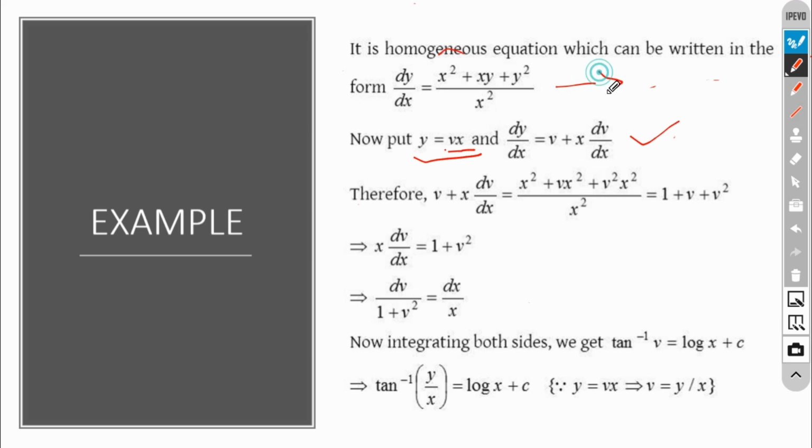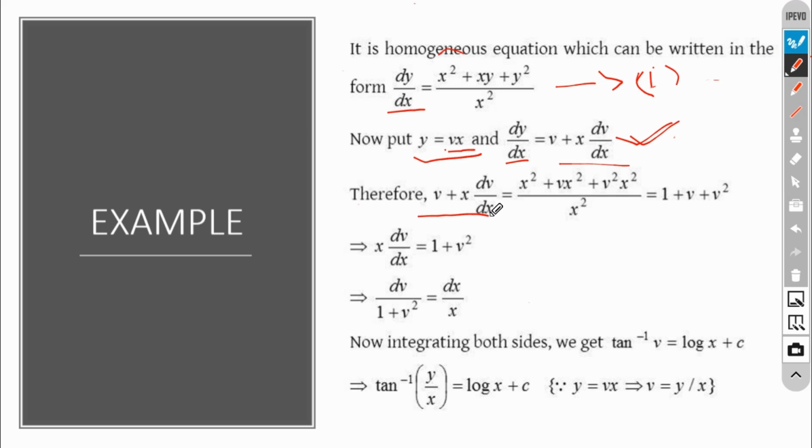Suppose this is equation 1. Okay, put y is equal to vx in equation 1, and dy by dx is equal to this one, so this will be equal to this one, means by putting over here we get this.